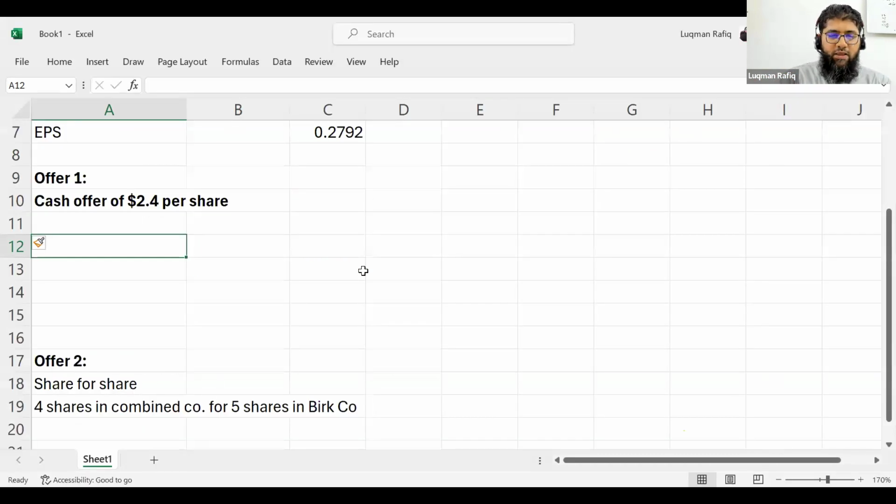So, let's say, for the Arneson company shareholder, how do I calculate the gain?